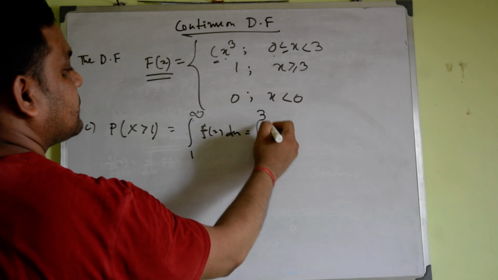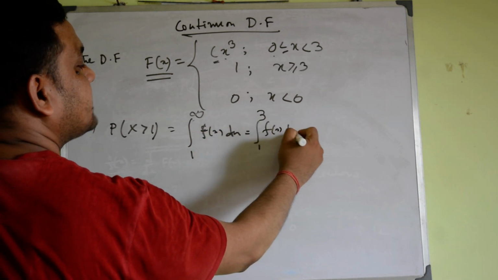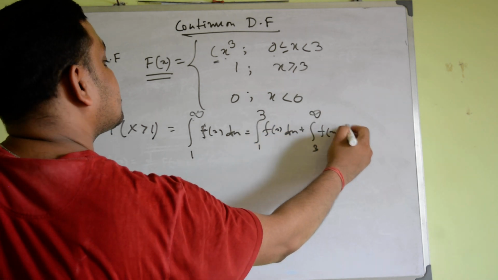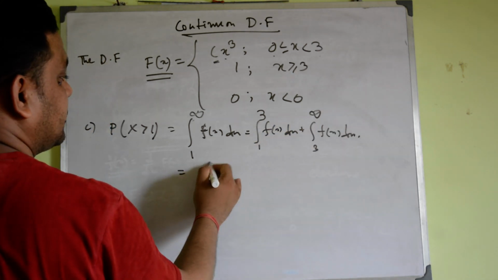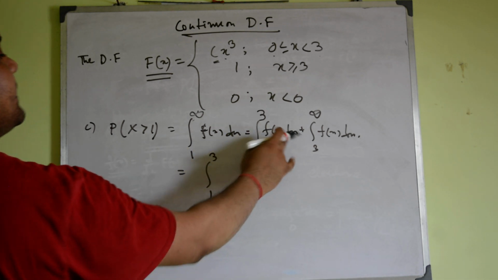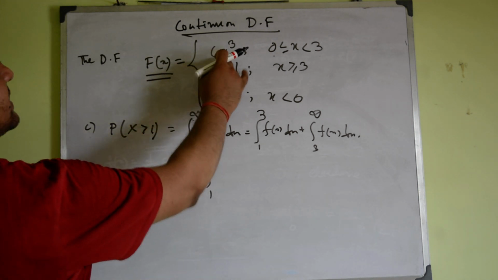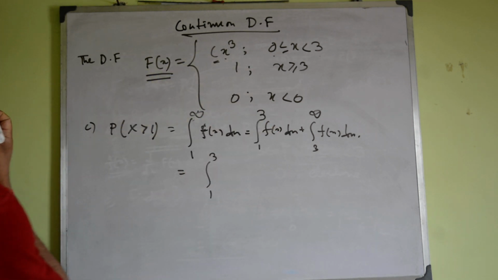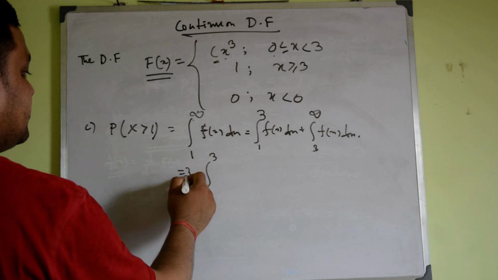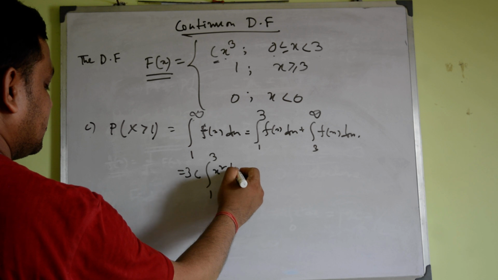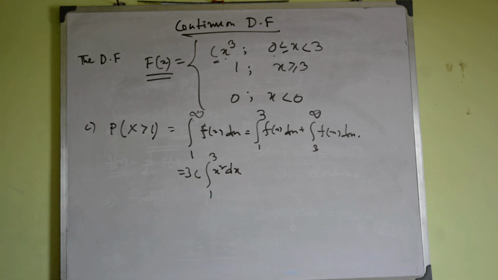This can be written as the integral from 1 to 3 of f(x) dx plus the integral from 3 to infinity of f(x) dx. So that is equal to the integral from 1 to 3 of f(x) dx, within the 0 to 3 interval. Here when we differentiate it, we get 3c x square, the functional value f(x). So here 3c is constant, put it here, x square dx from 1 to 3.